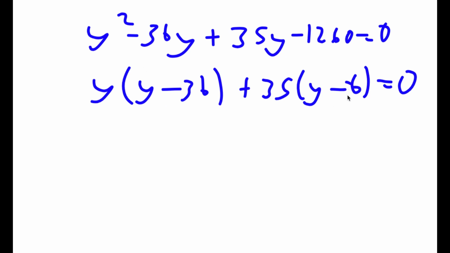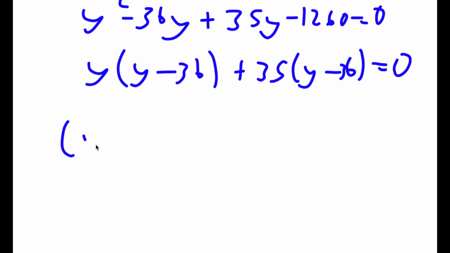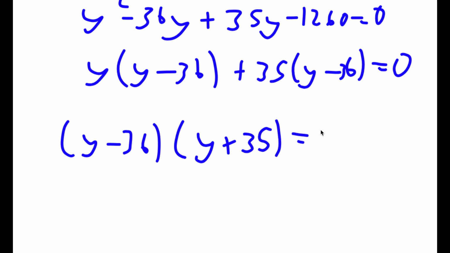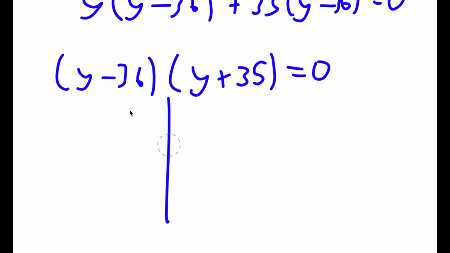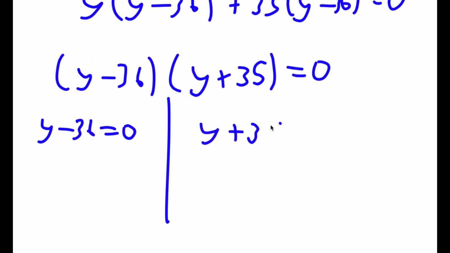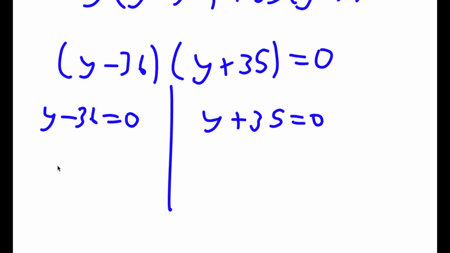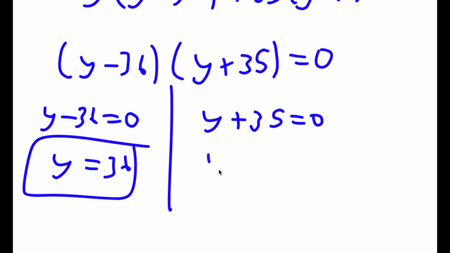Sorry, 36 times y minus 36 is wrong; I mean the factor is y minus 36. And now if I factor out y minus 36, I get y minus 36 times y plus 35 is equal to 0. So this means that y minus 36 is equal to 0 and y plus 35 is equal to 0, meaning y equals 36 and y is also equal to negative 35.